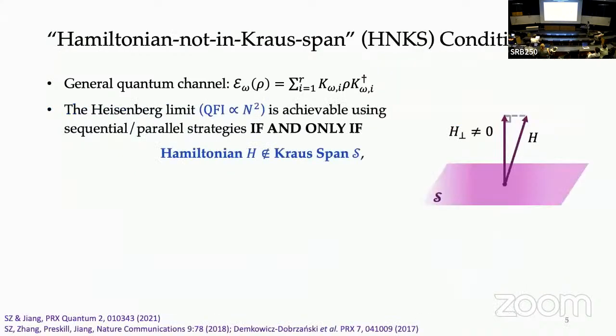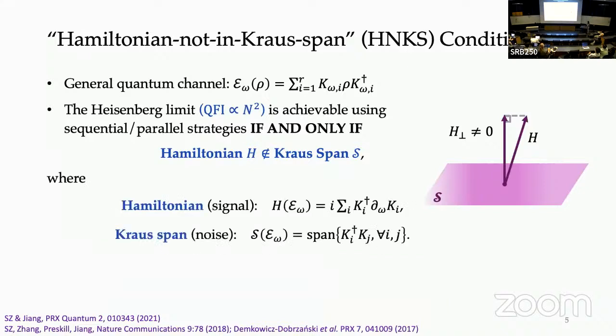Here is a bit more detail on how exactly you distinguish between these two cases. It depends on one specific criterion that you can easily verify for a specific quantum channel, called the Hamiltonian not in Kraus span condition. Given a quantum channel, you can calculate the Hamiltonian of this quantum channel, which is defined using this formula over here. You don't need to understand why it has this expression, but you can calculate it, and it is a Hermitian operator.